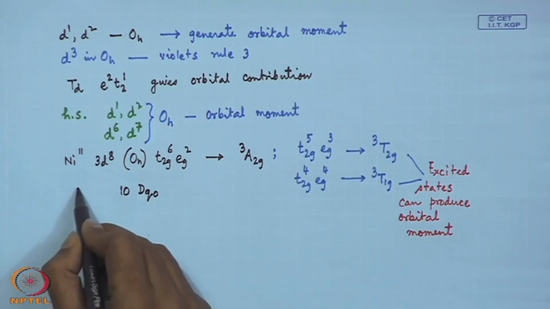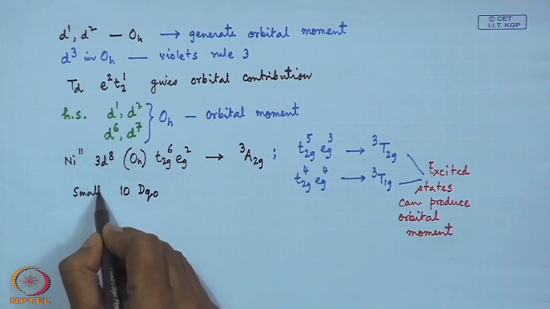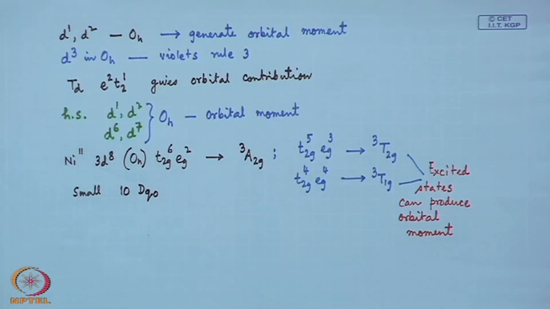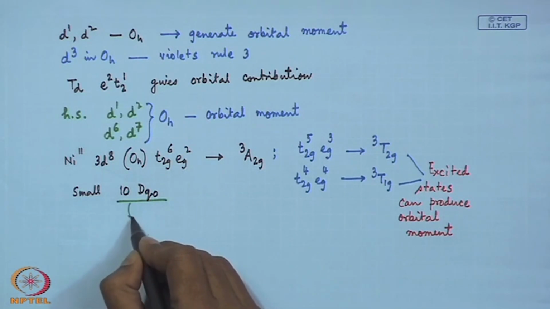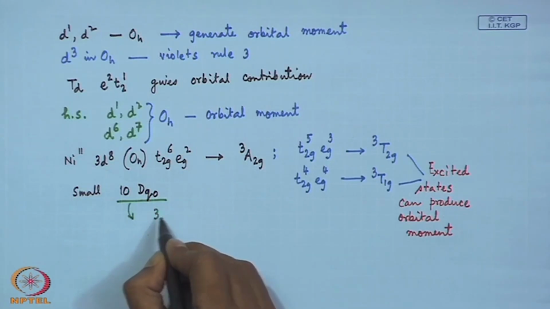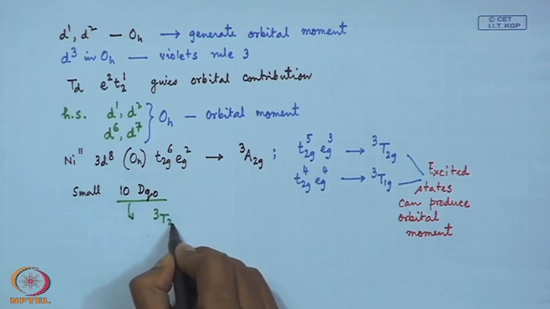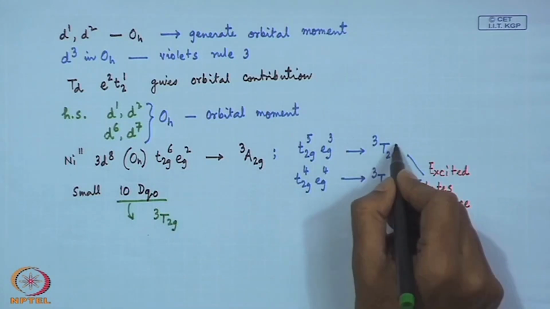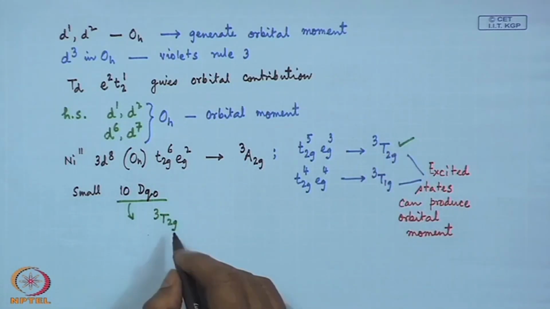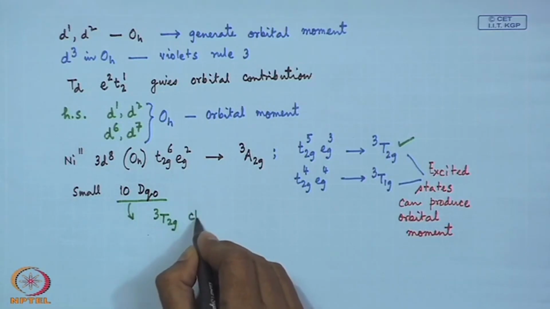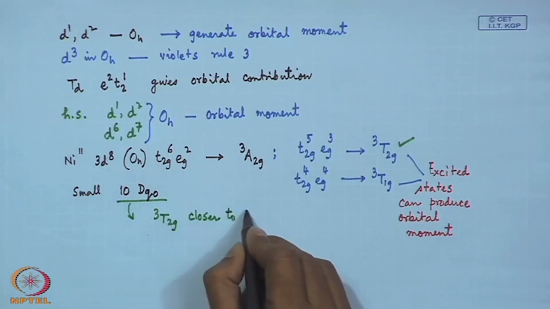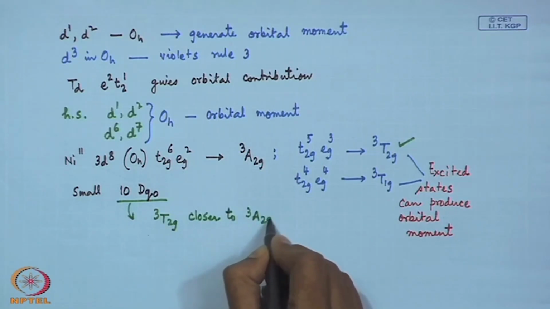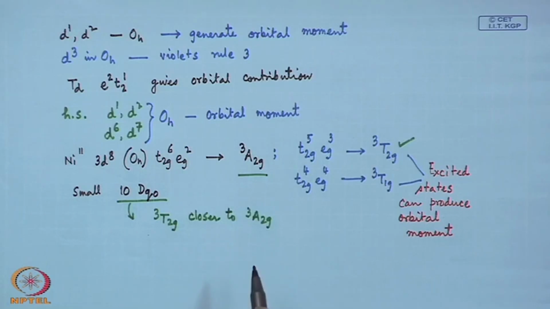If we have a small value of this 10 Dq O, the first excited level, the 3T2g level, would be closer to the 3A2g level, that means the ground state level.